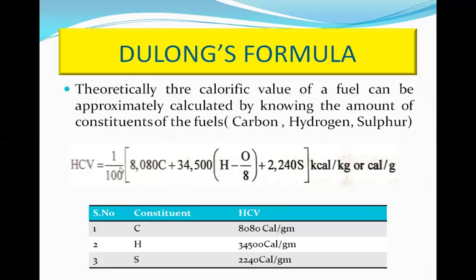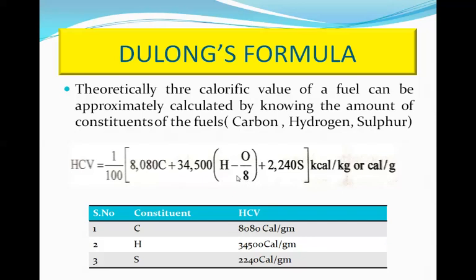Here we are using 1 by 100 as we are considering the percentage of carbon, hydrogen, oxygen and sulfur in the given fuel. 8080 refers to the HCV of carbon, 34500 is the calorific value of hydrogen, and likewise for sulfur.